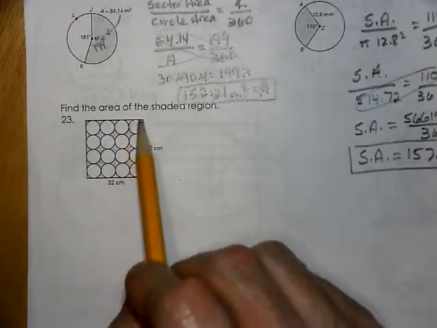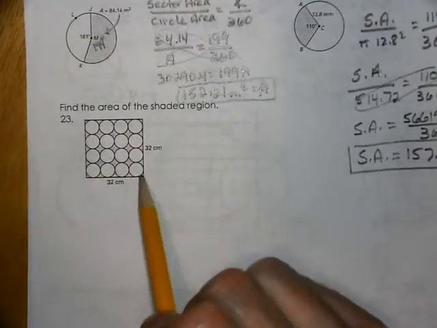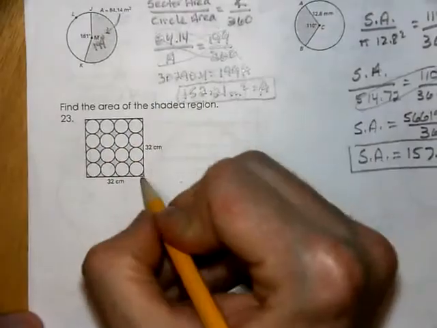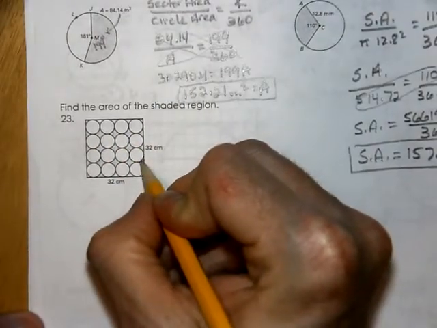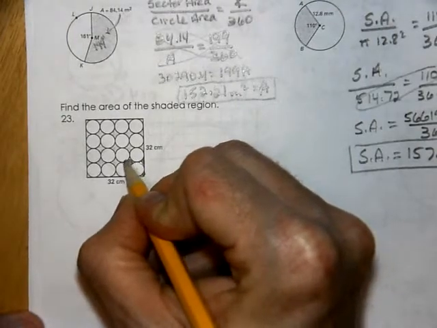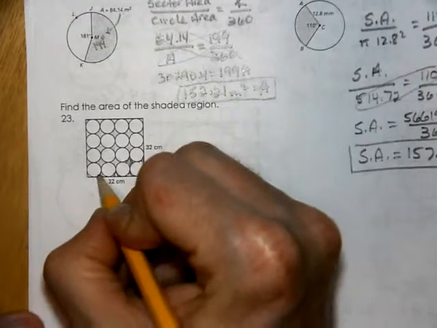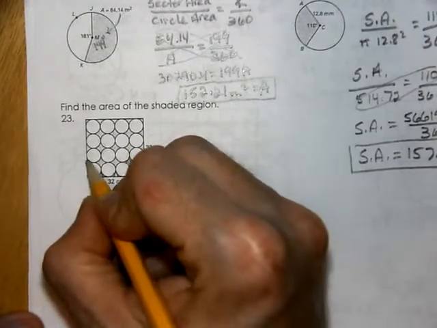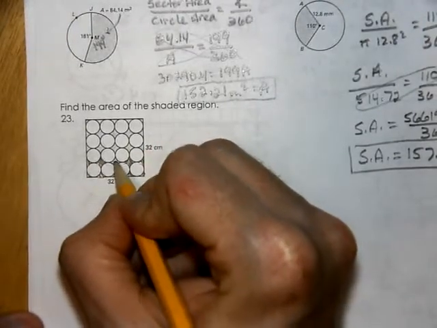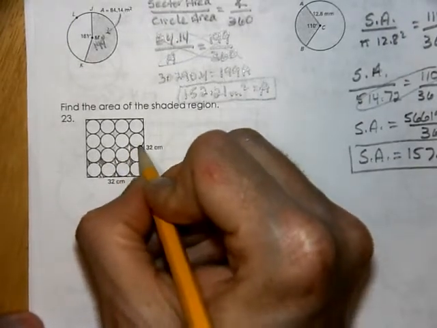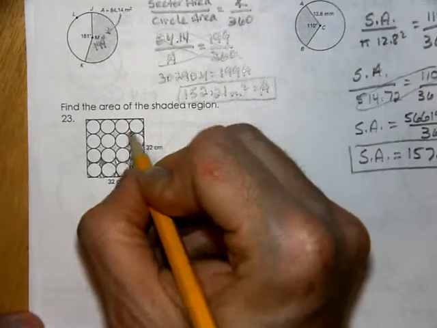Last question. We have this full square. We have circles inside this box. All in here is our shaded region that we want to figure out. How much space do these circles not take up? That's the shaded region we're trying to identify.